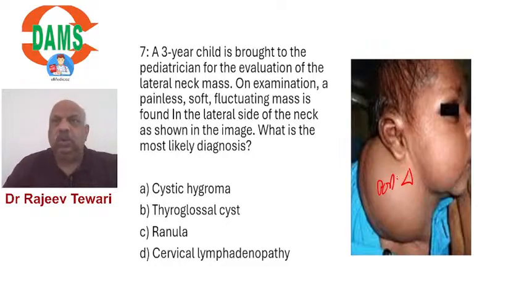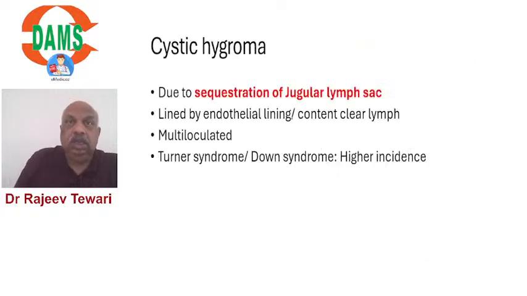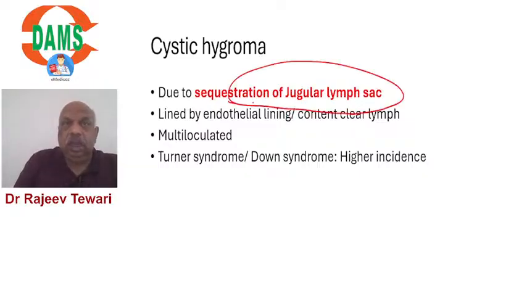So, you need to know 3-4 swellings in this neck. One is cystic hygroma, second is branchial cyst, third is thyroglossal cyst, and fourth, rarely asked, carotid body tumor. So this is a cystic hygroma. What are the features? Number 1, obliterated lymphatics, usually found in the posterior triangle, due to lymphatics. Number 2, higher risk in Turner and Down syndrome.